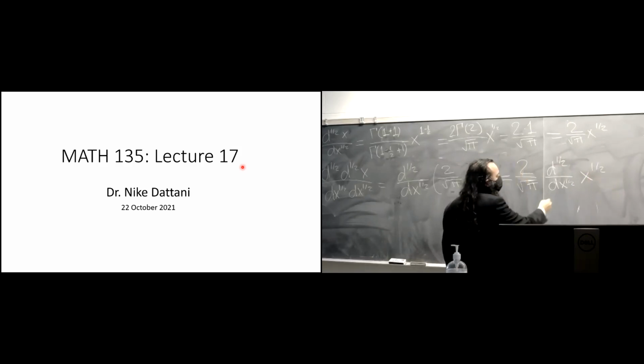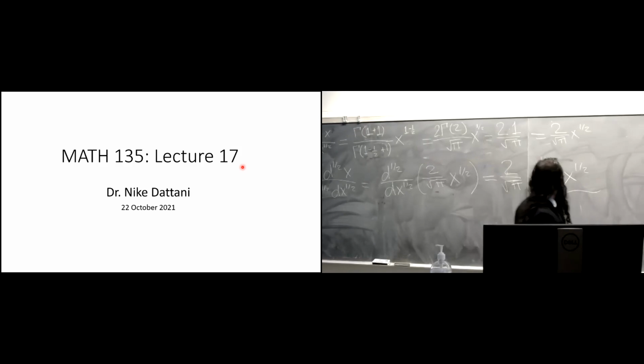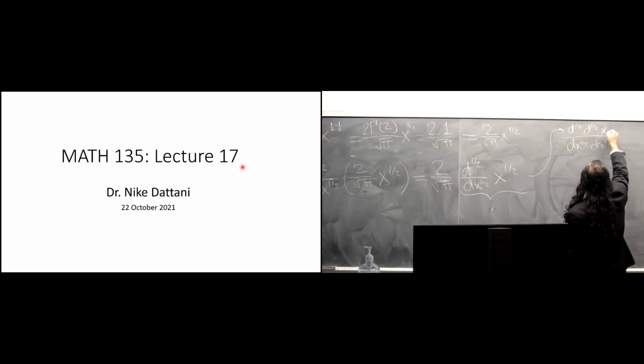And then what's the half derivative of x to the half? So let's go over here and do d half over dx to the half of x to the half.